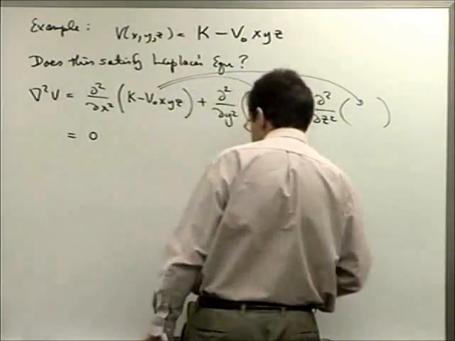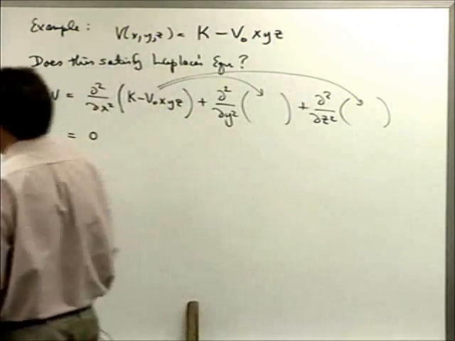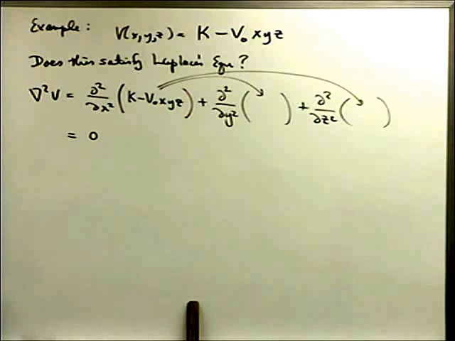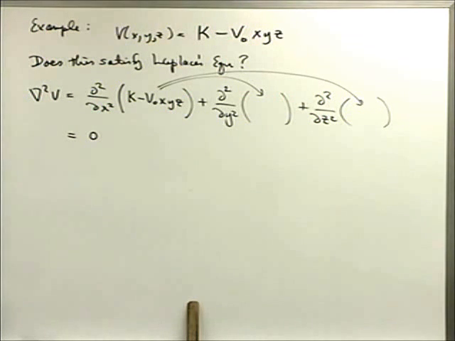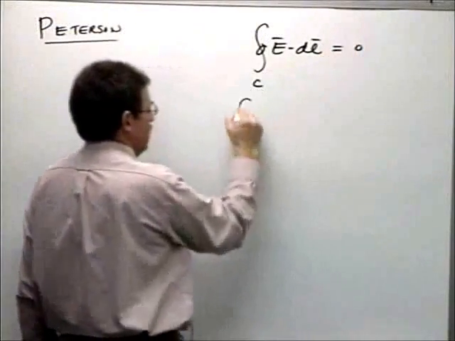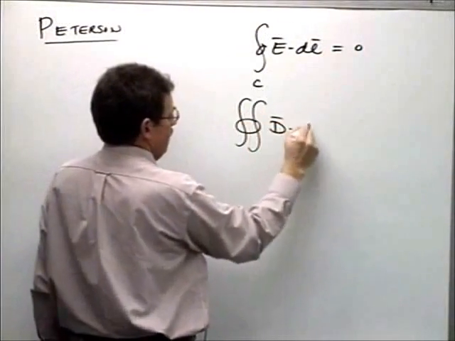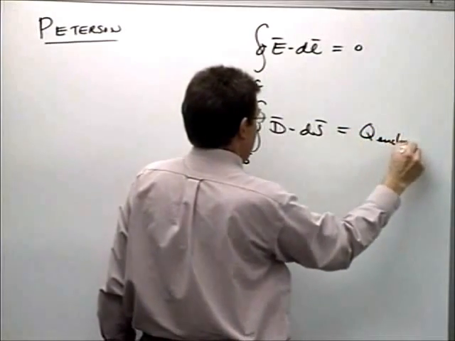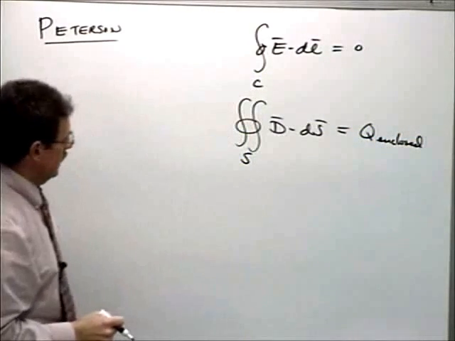Now, if we go back to the integral relationships we had here, we had the integral of E dot dl around a closed contour equal to 0, and the integral of D dot dS around a closed surface equal to Q enclosed.